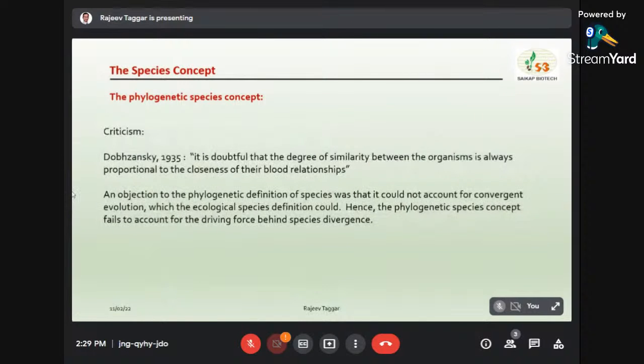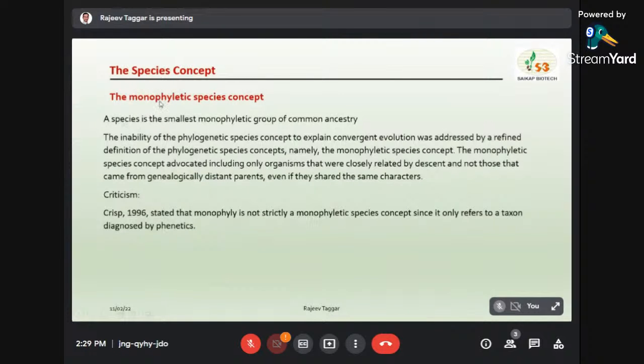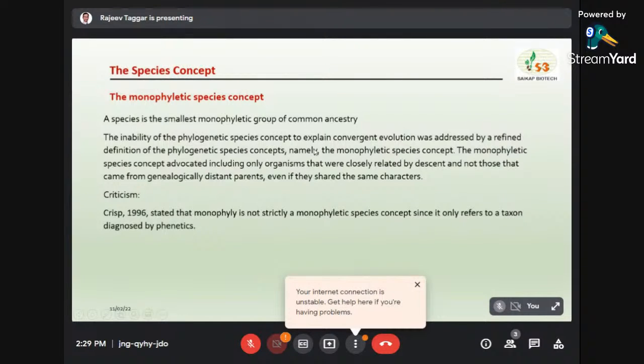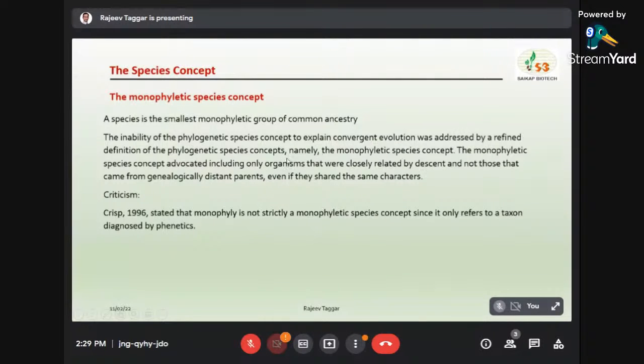Now let's go to another concept, and that is the monophyletic. I don't want to go too deep into it. I'll give you an example: a European person finding out their genetic lineage finds that their genome is 23% from Africa, 10% from India, maybe 60% from Europe, and something from Russia or China.